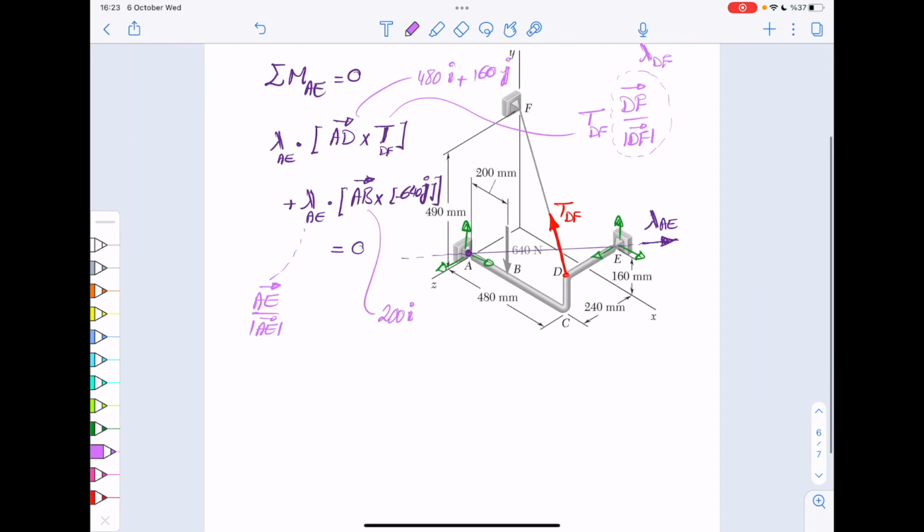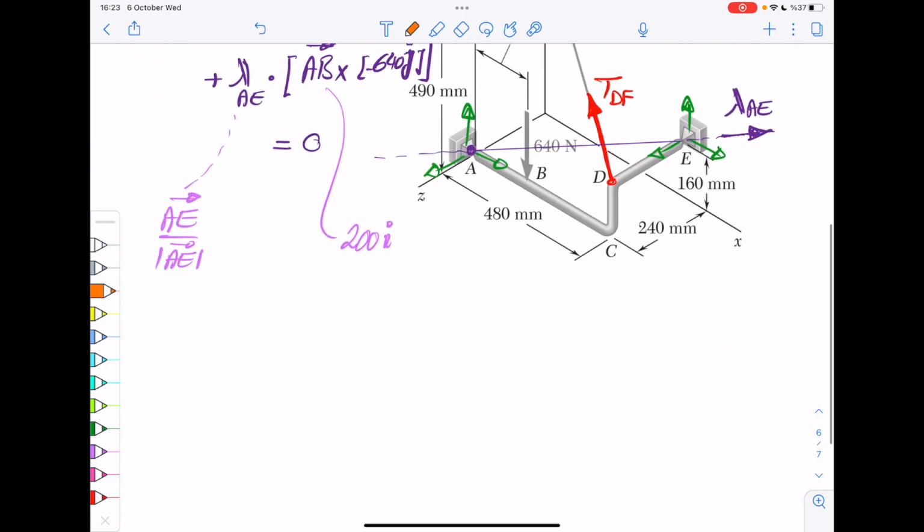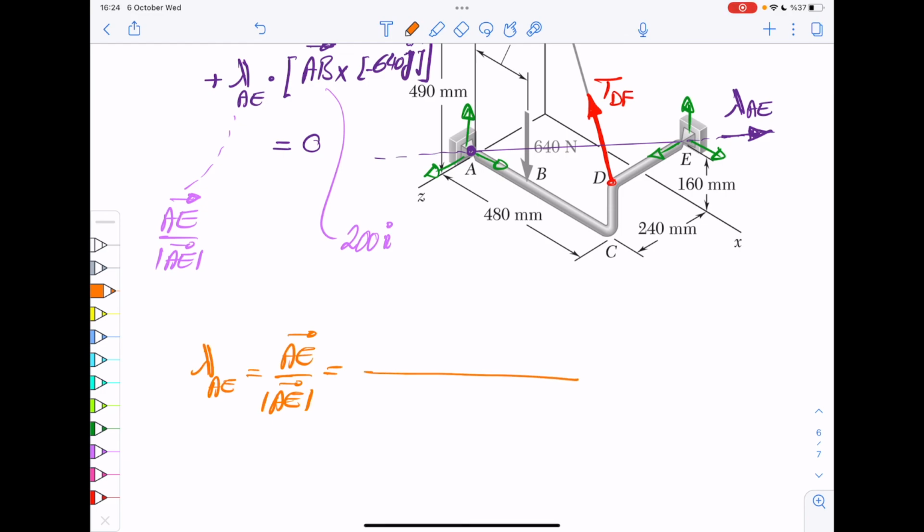Okay? So if you look at the coordinates, and you have all the coordinates, it's very simple to calculate these little vectors. So lambda AE, for instance, which is AE divided by magnitude of AE. This is only calculations from this point on. Once you understand what's going on, this would be something like 6I plus 2J plus 3K divided by its magnitude, which is 7.